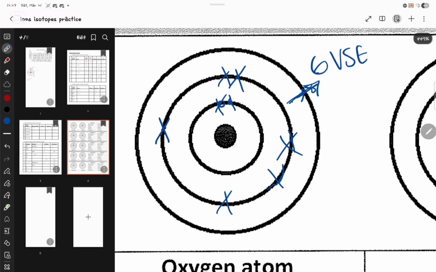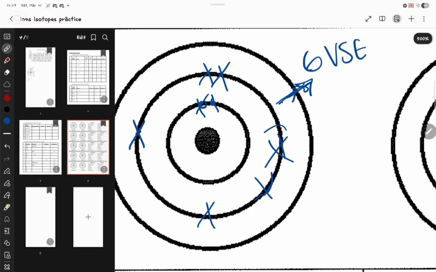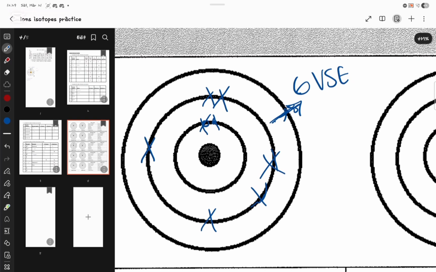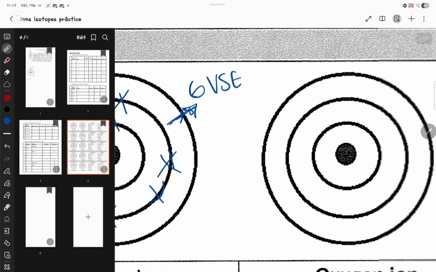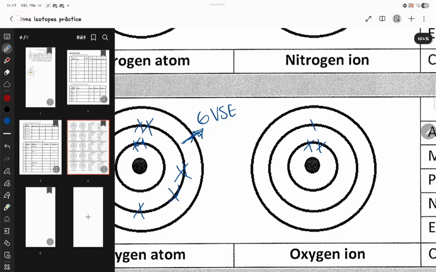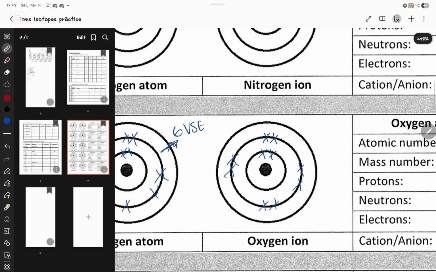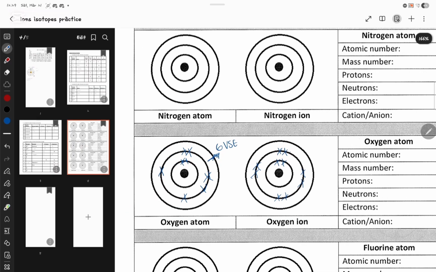And so it can either lose these 6, or it can gain 2 electrons to have a full shell. What is more energetically favorable is obviously to gain 2 more. So you're gonna draw 2 more here. So now you have 1, 2, 3, 4, 5, 6, 7, 8 total valence shell electrons.